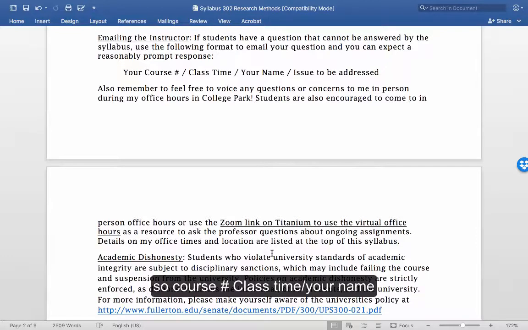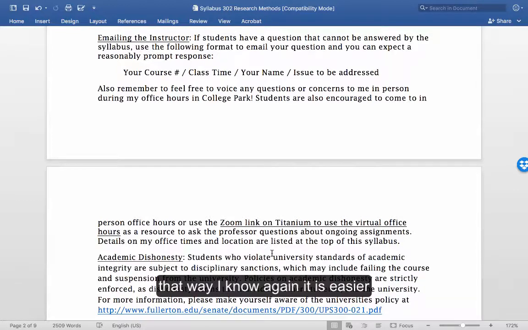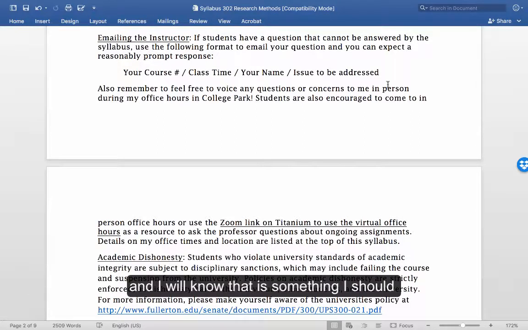So course number, class time, your name, and that's enough really. But if you have a specific issue that you want addressed, that way it's easier for me to search, and I will see this format when I'm scanning through my email, and I will know that that is something I should not delete, right?